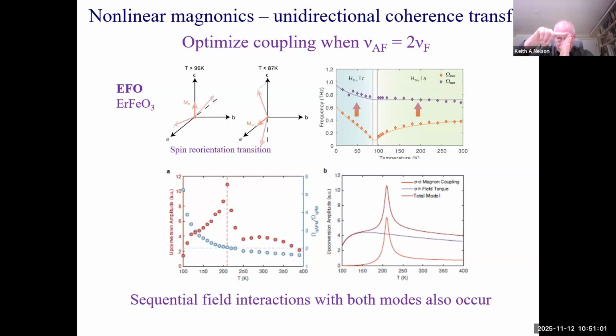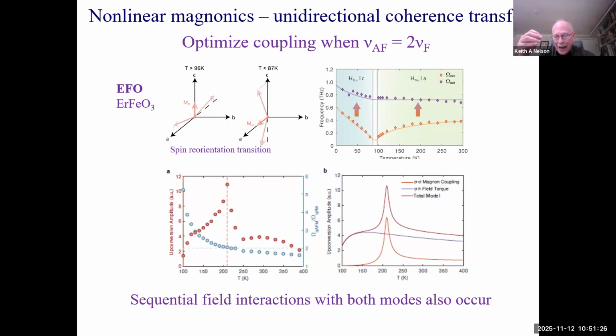This field in this direction shouldn't couple to the amplitude mode. But once I already drive precession, I've broken the symmetry. So now there is weak coupling between the second field that's polarized in this direction and the amplitude mode, which is no longer exactly orthogonal. So that also can produce these signals.